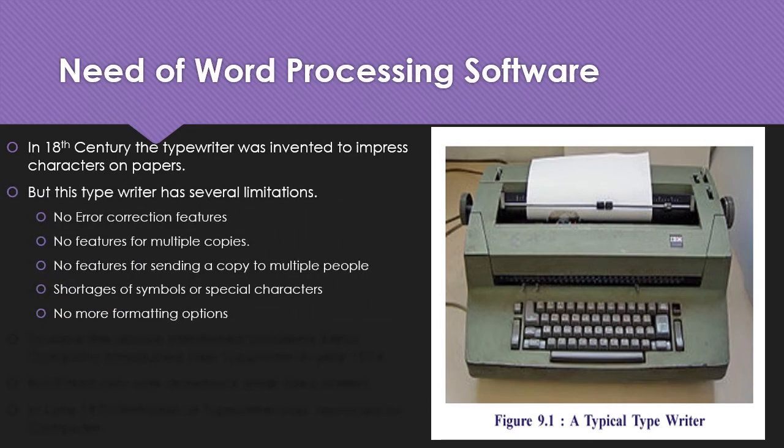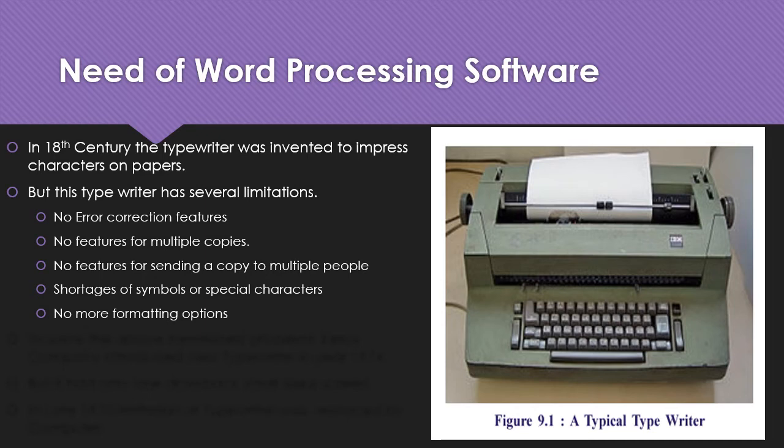But this typewriter had several limitations. The first: no error correction feature, which means if you made mistakes, then we need to type again. Second, if you want to make some changes, again we need to type again.